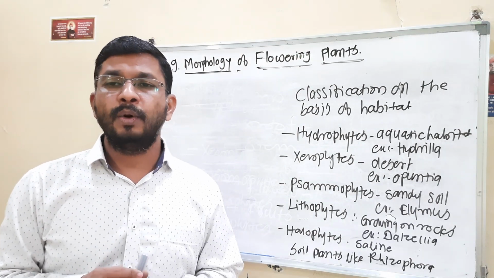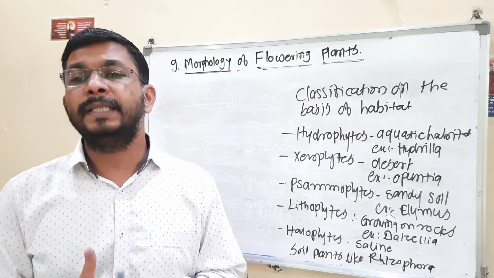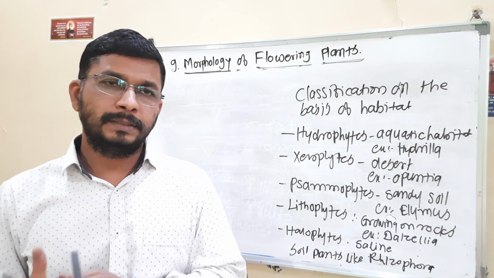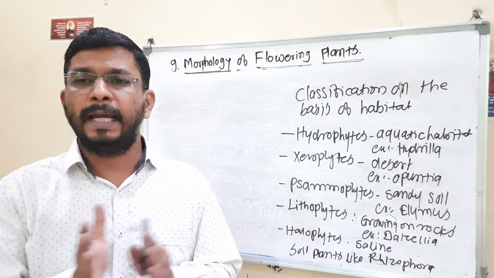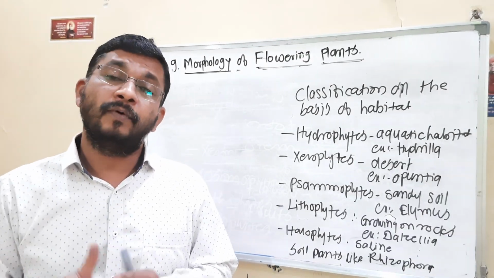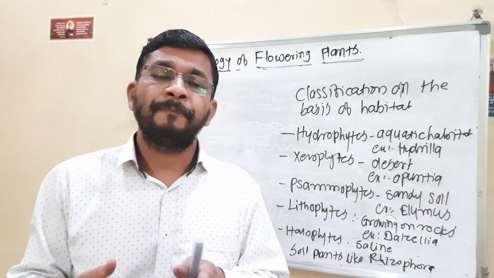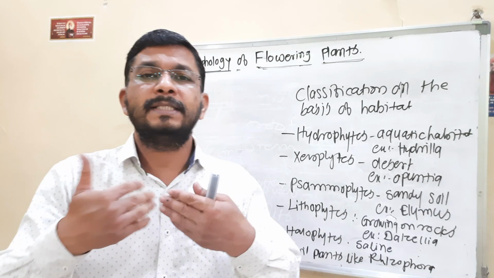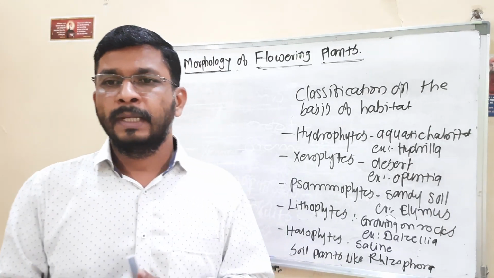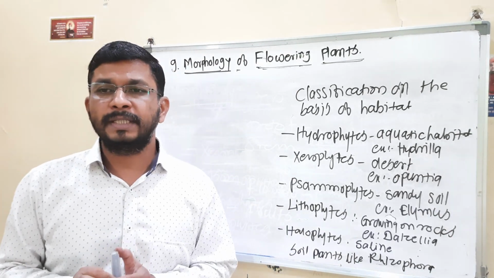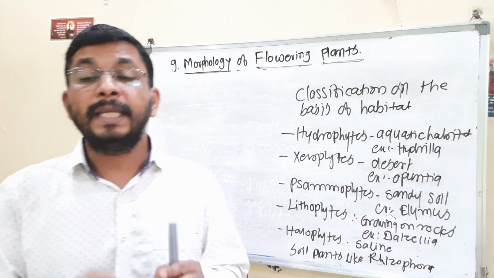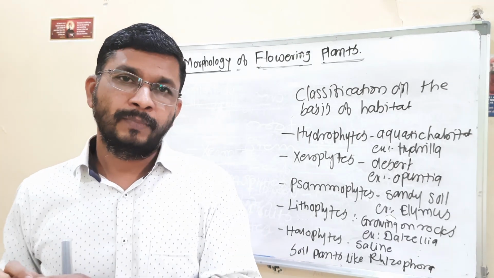These plants show considerable variation in their external and internal characters. For survival, they change themselves in both external and internal characters. Such variation helps the plant body carry out different functions.